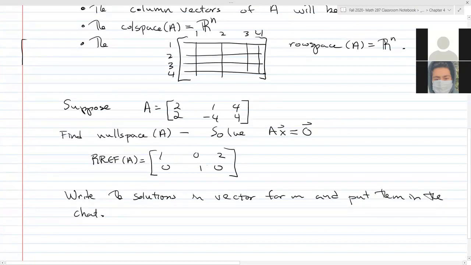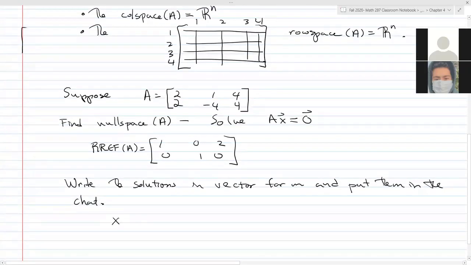If I look here, we can actually imply the 0 vector. Essentially, my equations are going to be x1 plus 2x3 equals 0, and x2 is just going to equal 0. We'll let s equal x3.